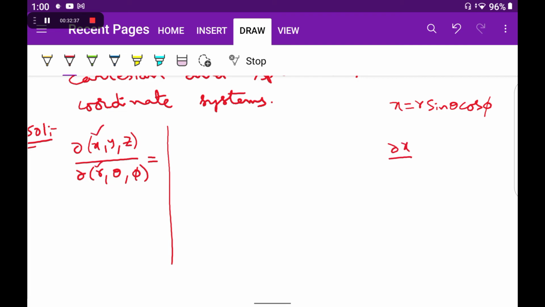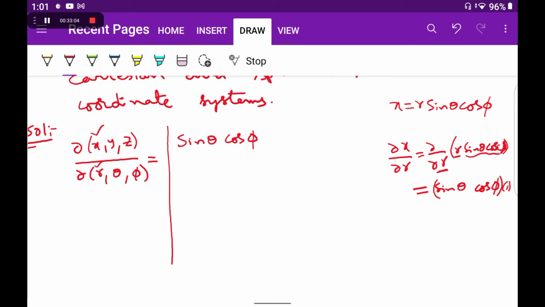So dou x by dou r is dou by dou r of r sin theta cos phi. But here we are differentiating with respect to r, so sin theta cos phi is constant into derivative of r with respect to r, which is 1. Therefore, it is sin theta cos phi. That is the first one.